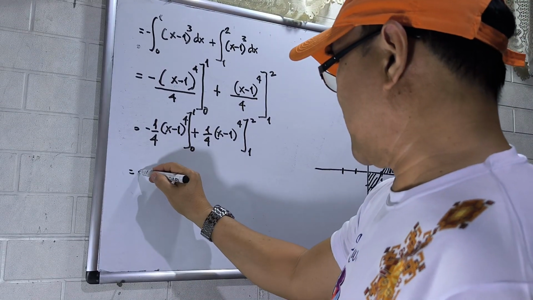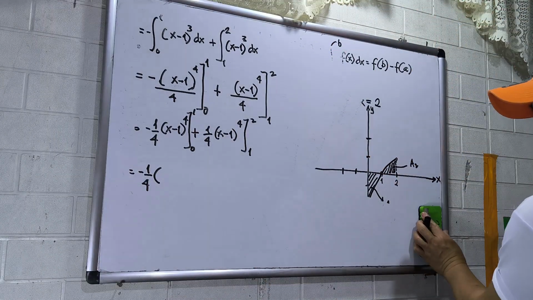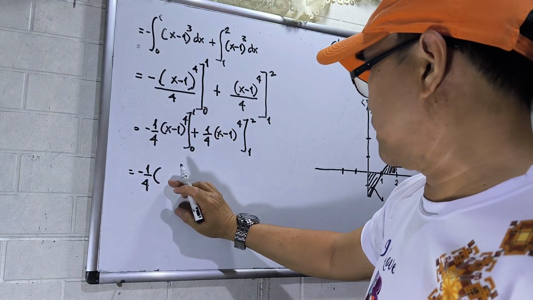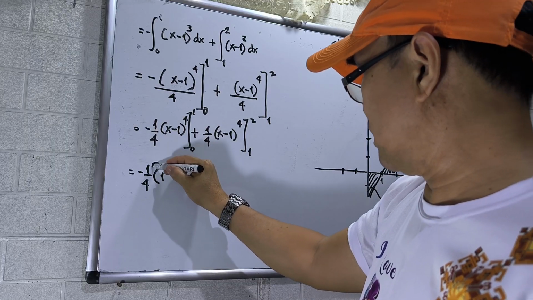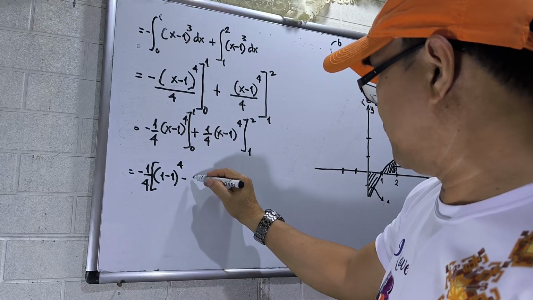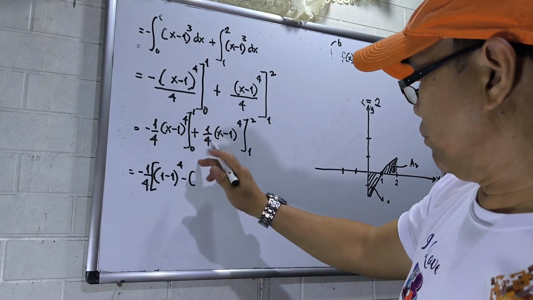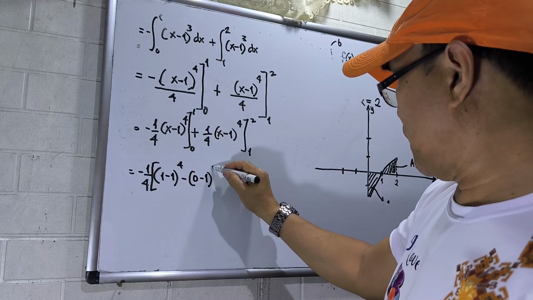So this one will be negative 1 over 4. Okay, I will use square brackets. So x will be 1, then minus 1 to the power of 4, and then 0 minus 1 to the power of 4.